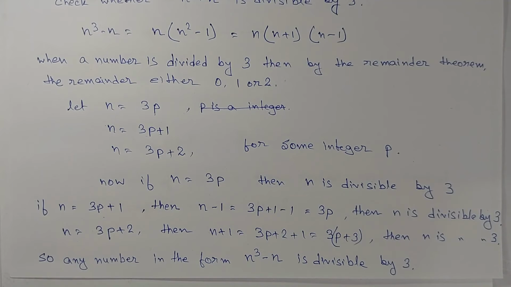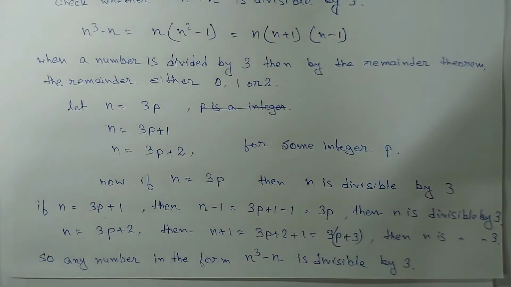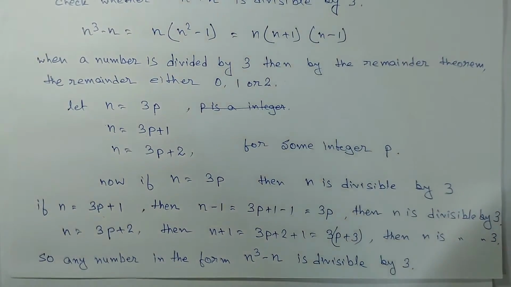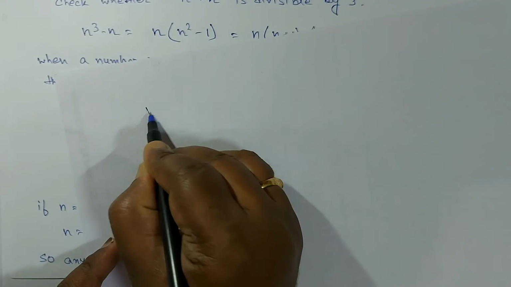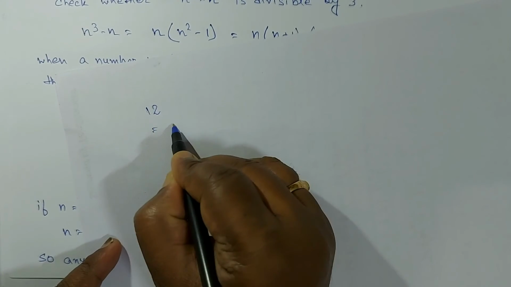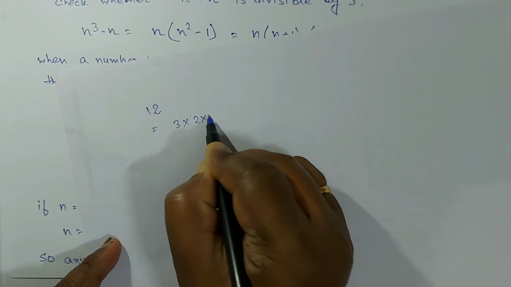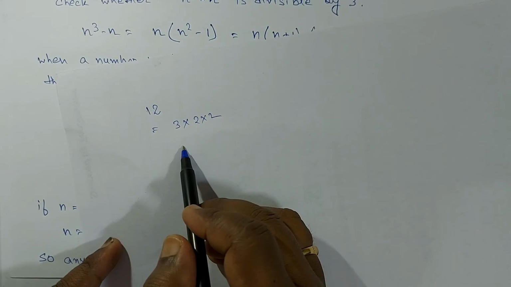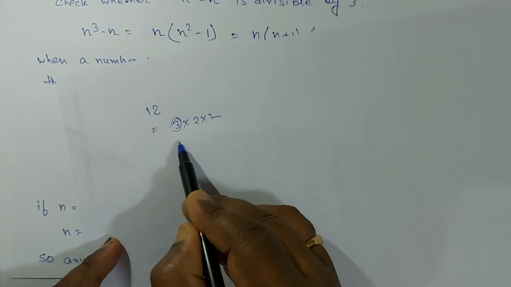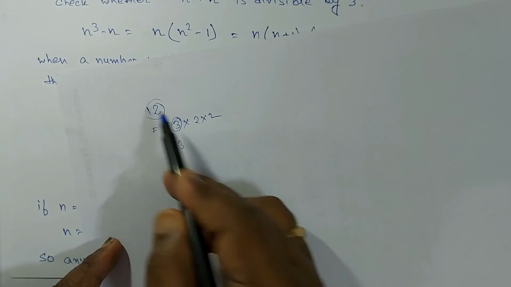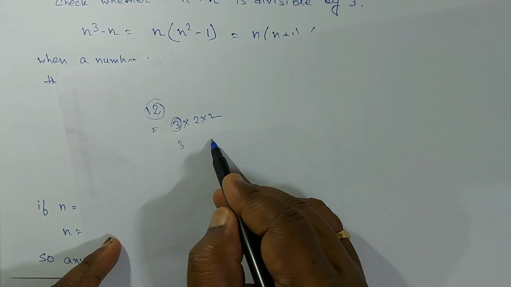If I explain it in this way, suppose I am writing 12. Now 12 is factorized into 3 into 2 into 2. Now if only 3 is divisible by 3, that means 12 is divisible by 3, isn't it?